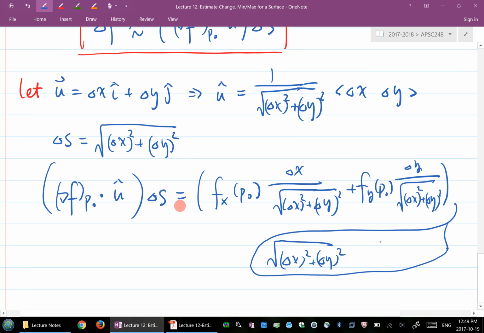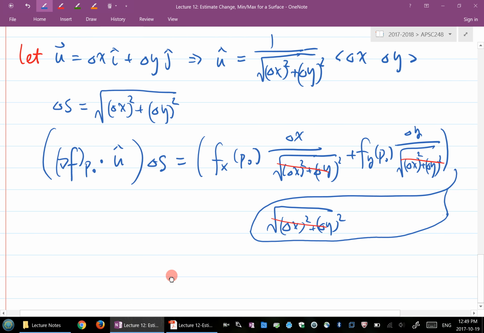Now if you multiply this term into the bracket, you cancel those terms on the denominator. Then this equals fx at p0 times delta x plus fy at p0 times delta y. Good? And this is your delta f, the delta of f is approximately equal to this.